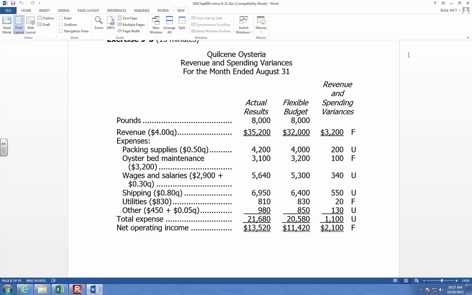What about the revenue? They've been selling their oysters for a whole bunch more than $4 a pound. It looks like they've been selling them for about $4.20 a pound for the actual results. So that might be indicative that the market's now bearing a higher price.